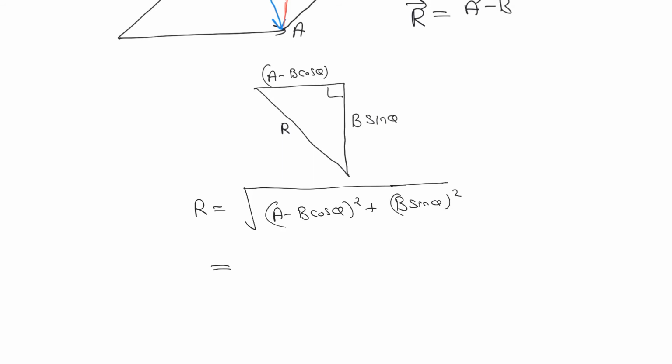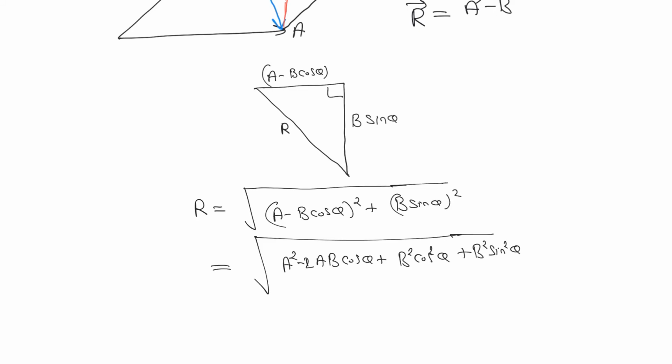If you are squaring it, (a minus b) the whole square is a square minus 2ab plus b square, that is, a square minus 2ab cos theta plus b square cos square theta plus b square sin square theta.